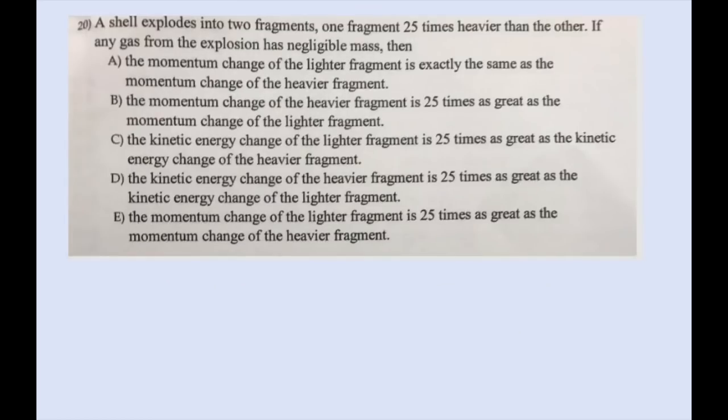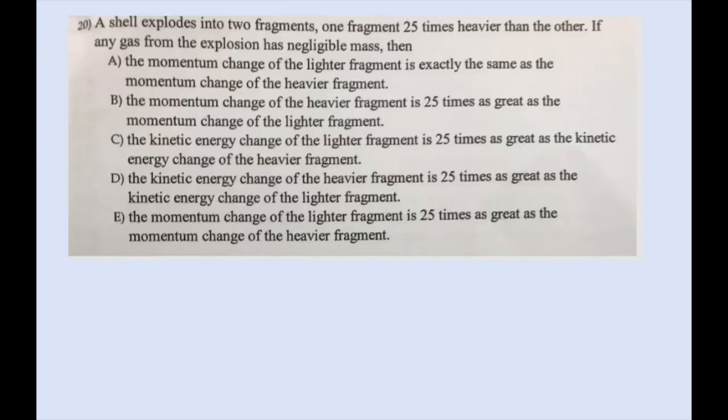And in this last one, a shell explodes into 2 fragments, and one fragment is 25 times heavier than the other. If any gas from the explosion has negligible mass, then which one of these statements is true? Now, the easy way to understand it is imagine that the shell is at rest.